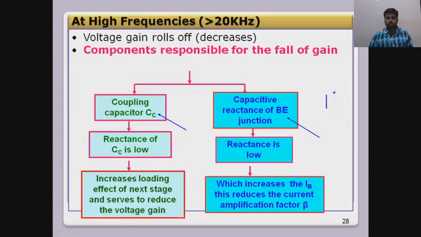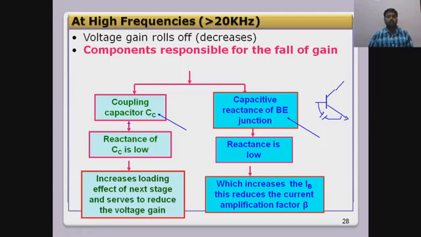If you see the transistor, here is the emitter. The capacitance between the base and emitter junction is responsible for the fall of the gain at the high frequencies. See how it is.